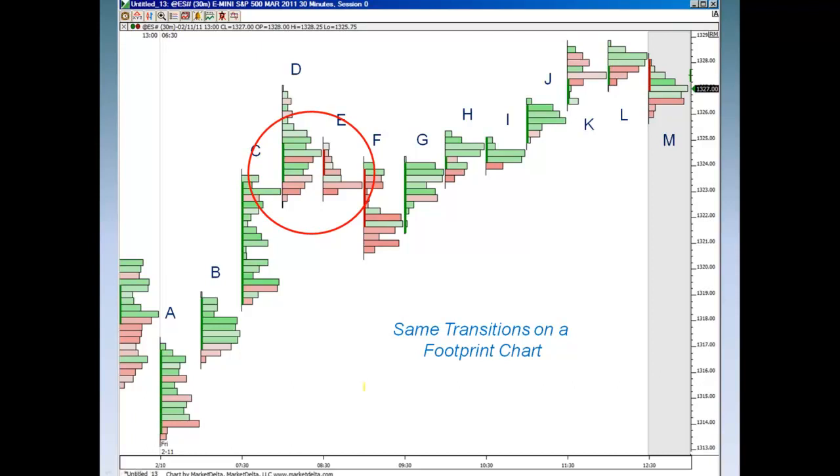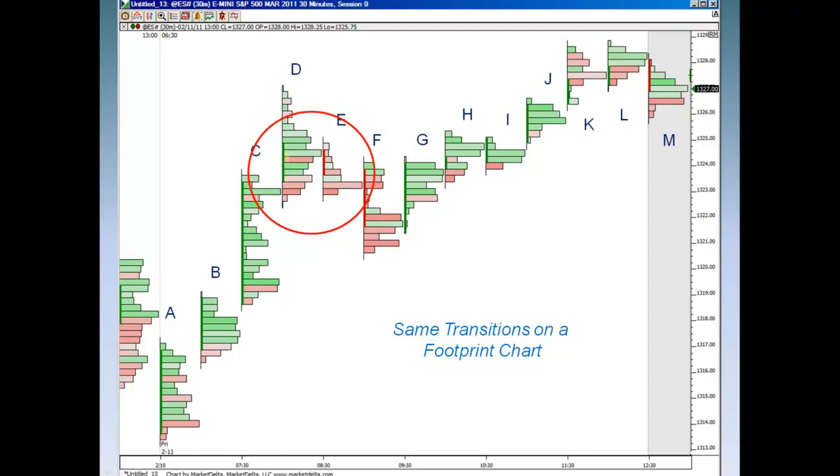The footprint bar chart is one of those tools, and we can also display a footprint chart simply showing us a profile, as you see here on this chart. And take a look at what the transition looks like on this chart.